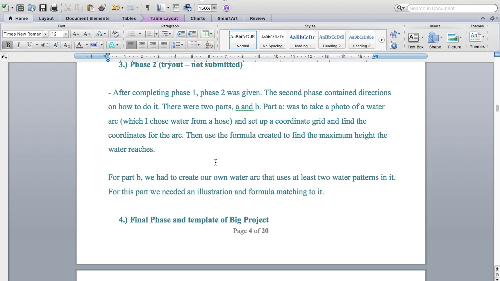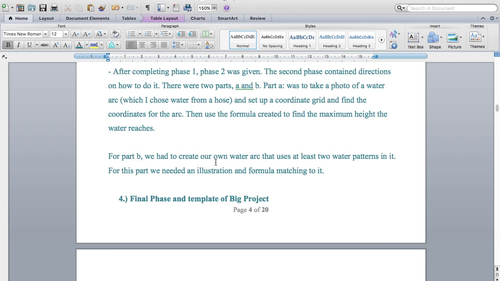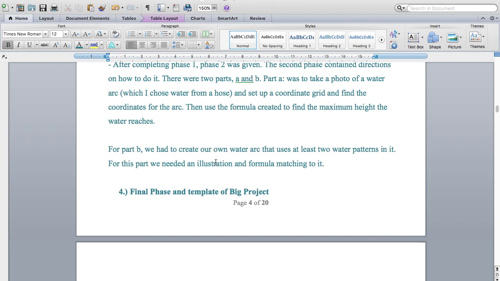Part B was to create our own water arc that uses at least 2 water patterns in it. For this part, we needed an illustration and a formula matching it. I had to do a little bit of research on what the height and the distance of most fountains in real life were.